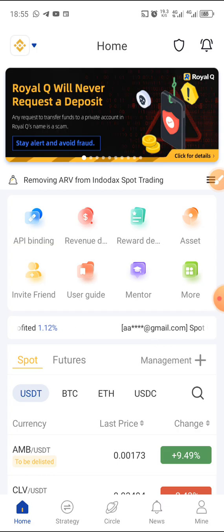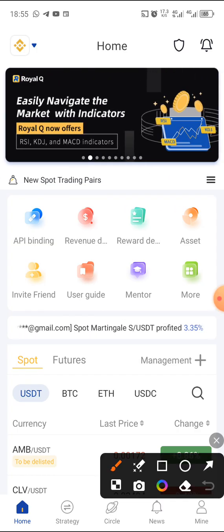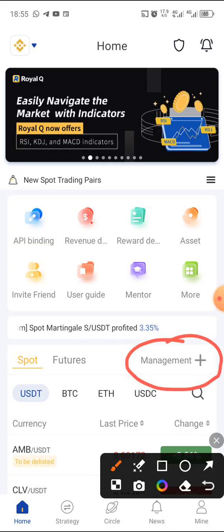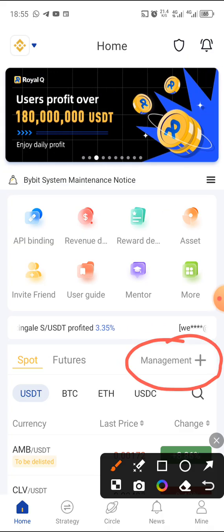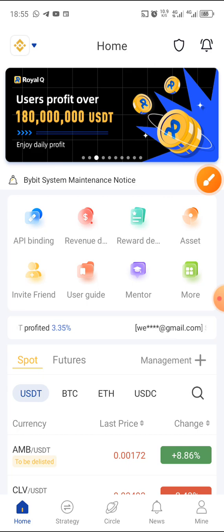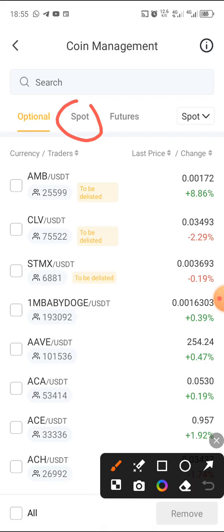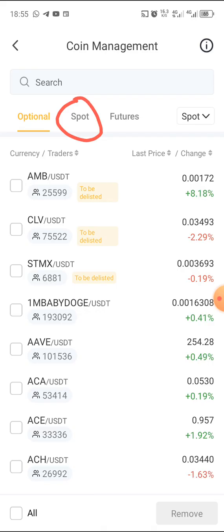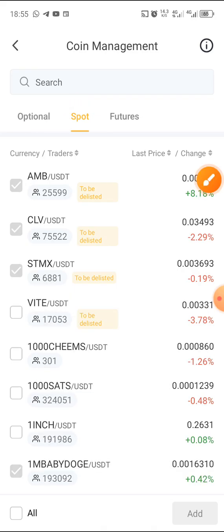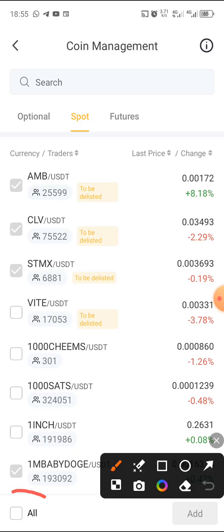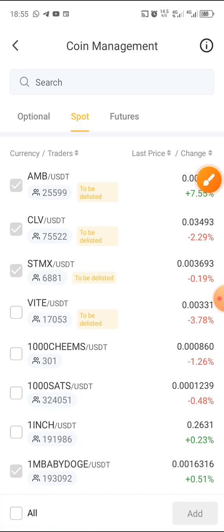So if you want to add the coins, you'll come here on that plus sign showing management, okay? You tap there once, then come here and select spot. After selecting spot, come here and tick this box which shows all. So it will show you that it has marked all the coins you don't have.